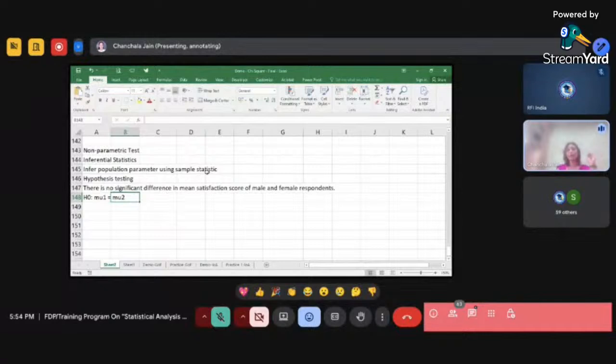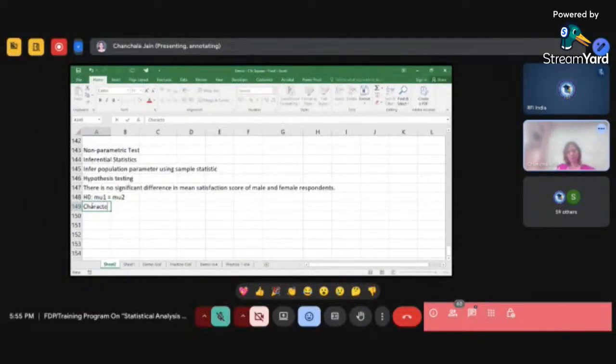Parameter and statistic both mean characteristics: parameter is for the population, or statistic is for the sample, right?